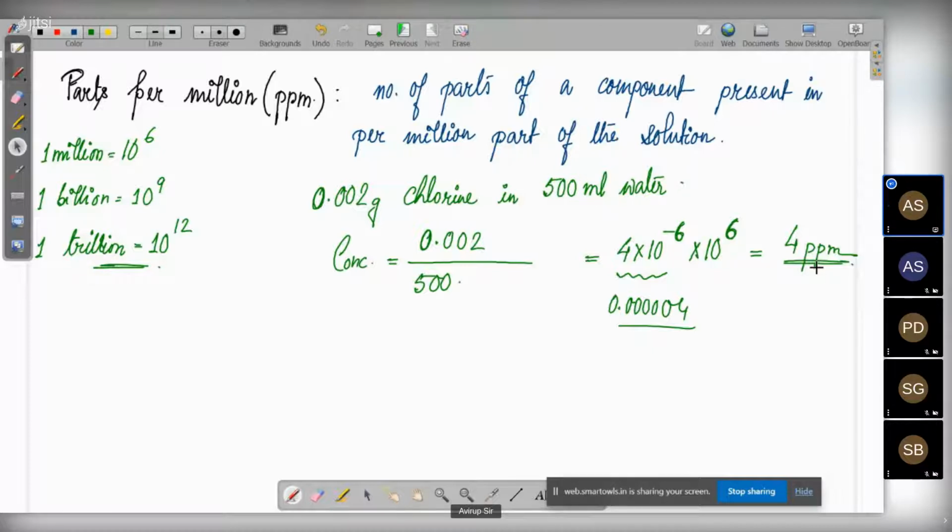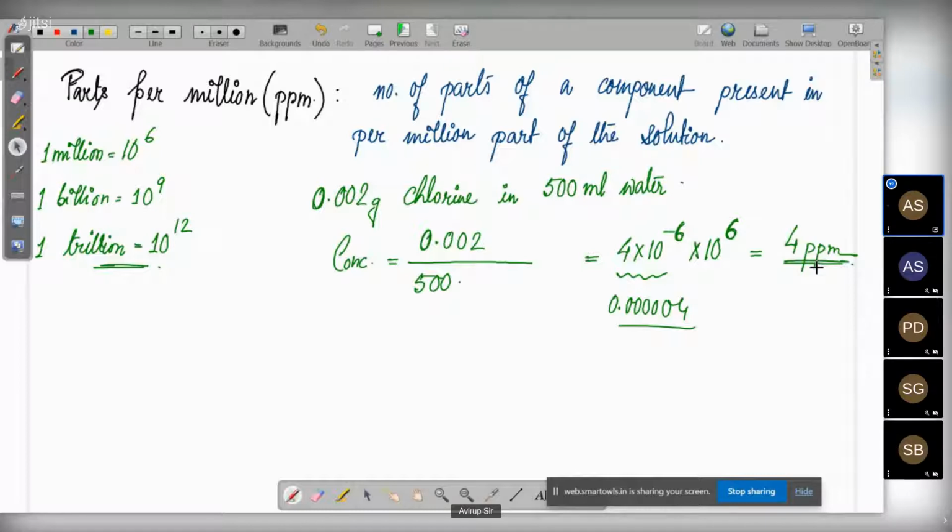Now, why do we actually multiply it? Because parts per million is the generally preferred unit for atmospheric pollutants. If you follow the newspapers, you know that Delhi has a huge pollution problem every year in the winters.